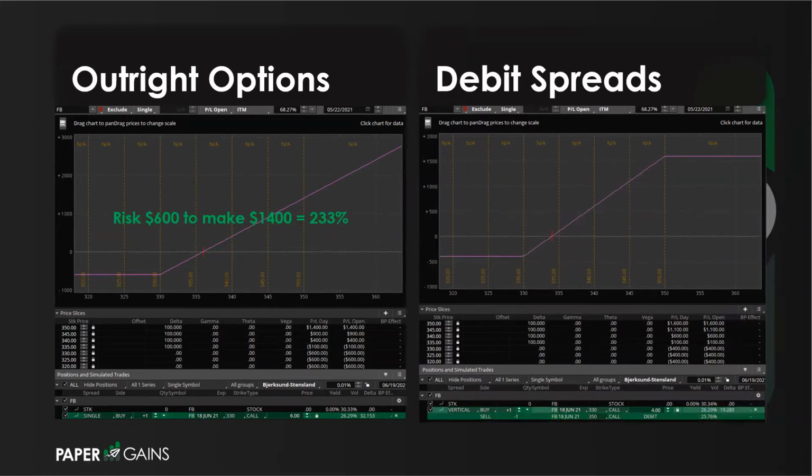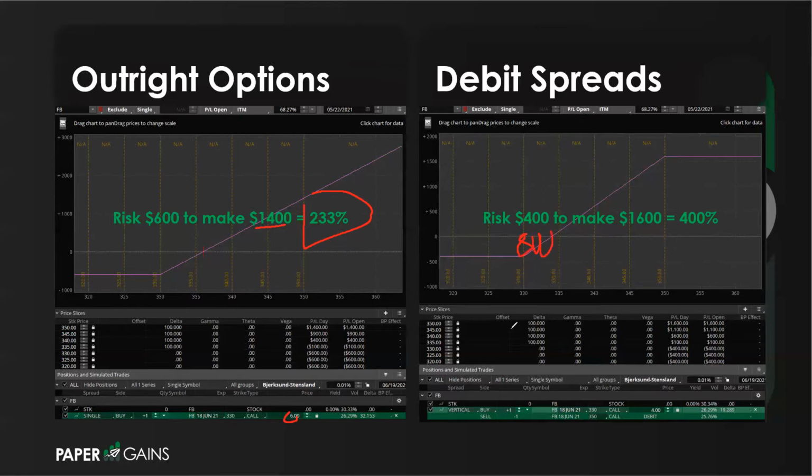So quick review. So this one, max profit, I risked $600 to make $1,400. Okay, cool. So that's a good return, but this is definitely a lot better. So what can we do? What if you did 800?